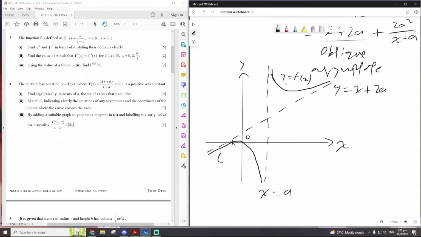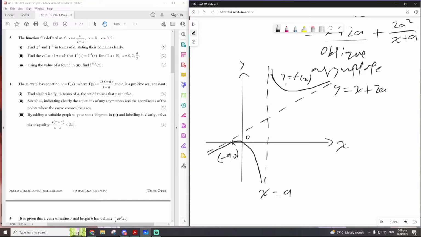So this is actually negative a and 0. The scale is kind of not there, as you can see, because I'm not very good at planning. But if you can draw this to scale, it would be good. But they're not very strict about scale in most JCs. So if you want, you can try and extend this a bit to the left and get the shape that way.